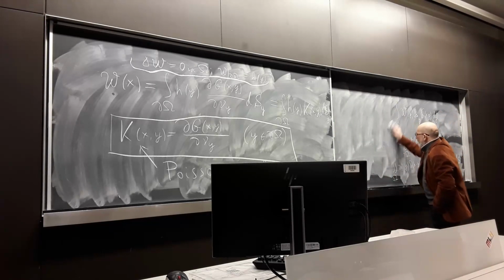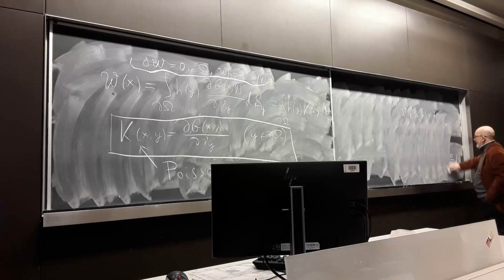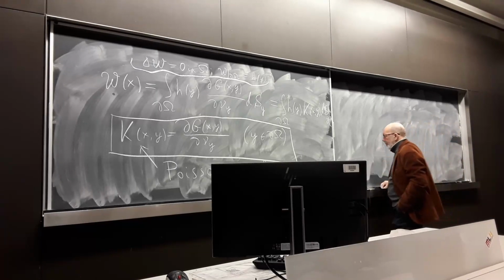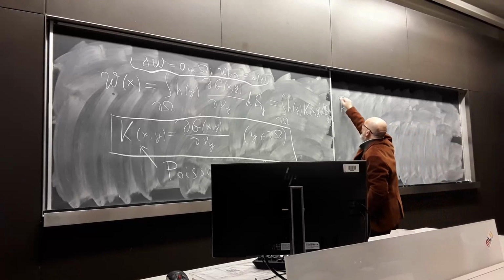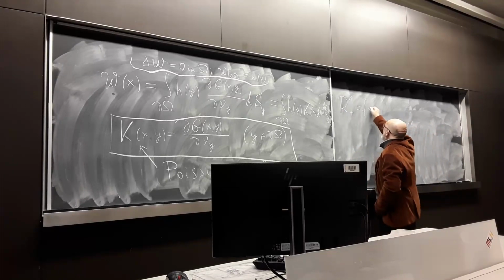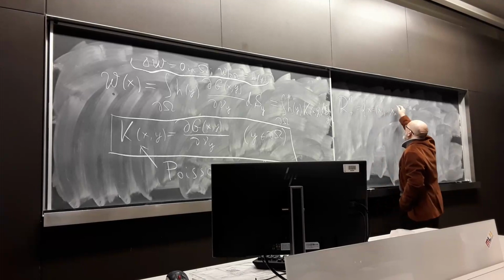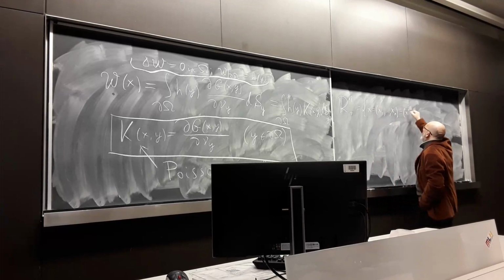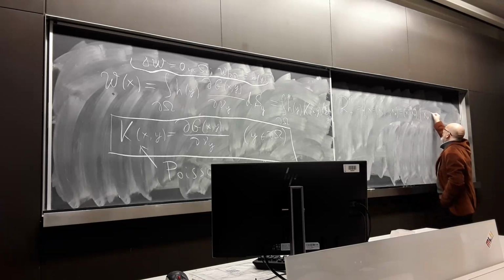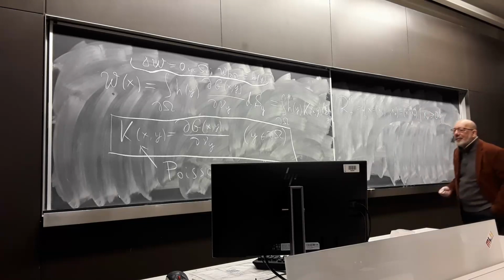What I'm doing now, I just repeat what was before. R n plus is the half space.